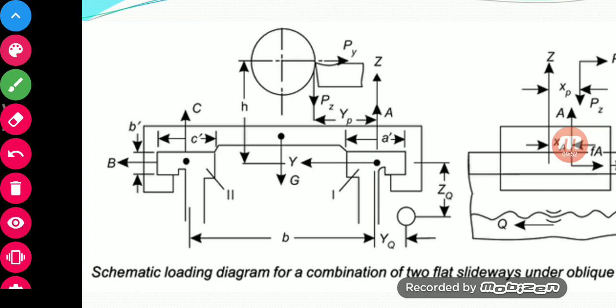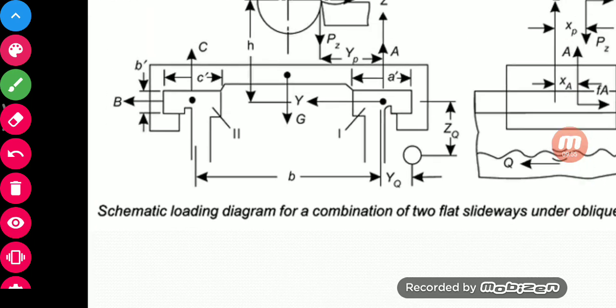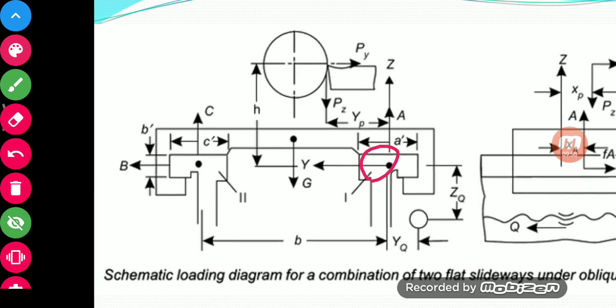Here is your Z direction in the upward direction, your positive Y is in this particular direction, and your positive X is going inside the plane of the guide way. So we are taking moment about this particular X axis. Therefore that X axis is now a dot, and we will be taking distances from this dot.